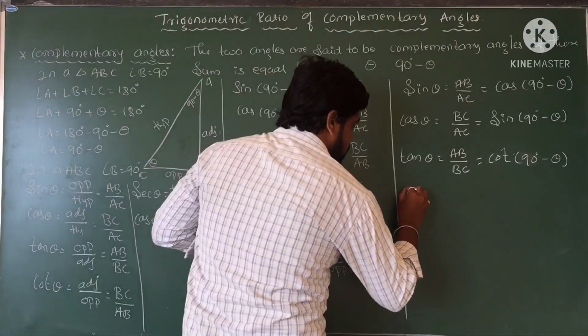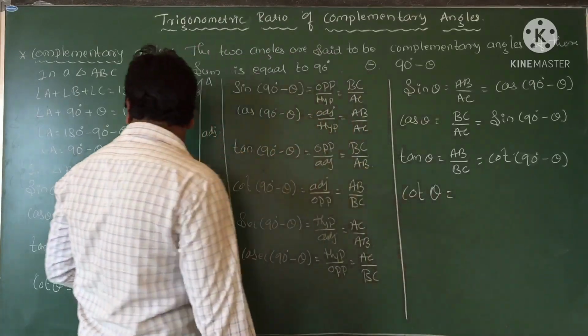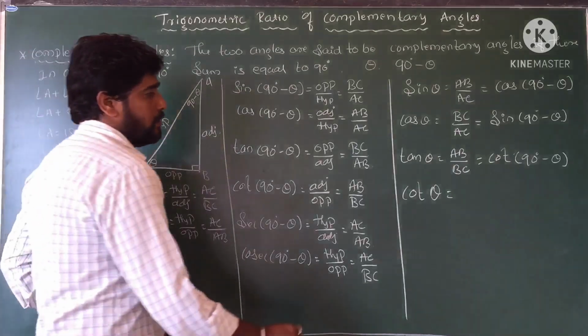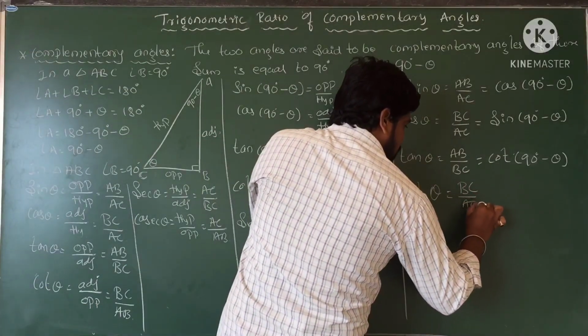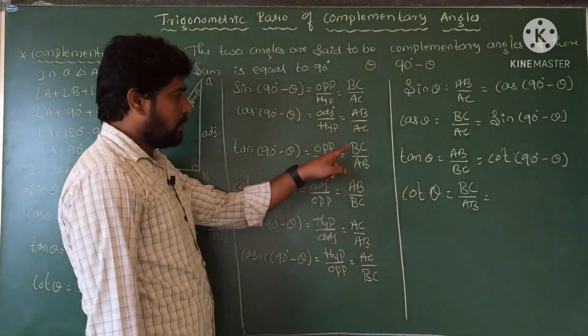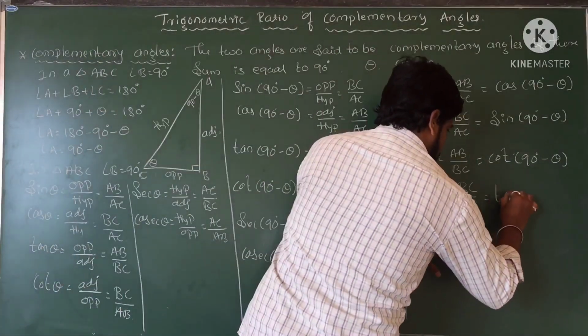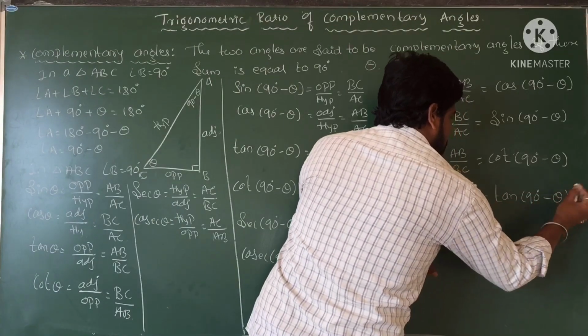So now I will consider cot theta. Cot theta is BC by AB. BC by AB is tan 90 minus theta. So we can write here tan 90 minus theta.